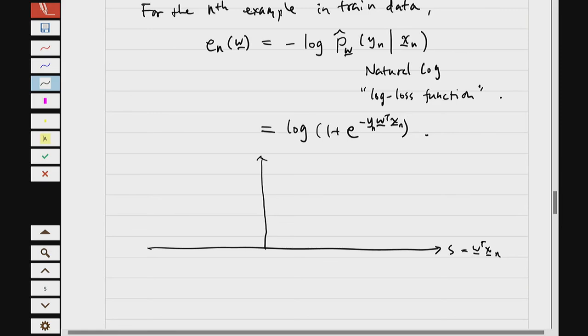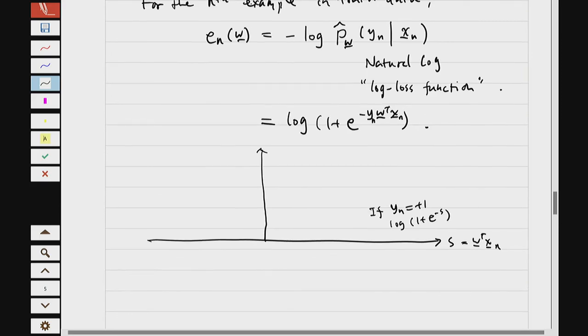If y_n is plus 1, then we actually have log of 1 plus e to the minus s. So when e to the minus s is very large, asymptotically it goes to 0.